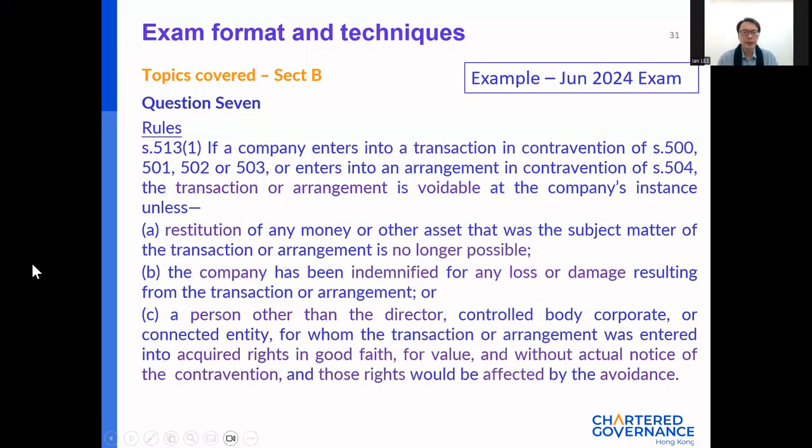And then under section 513, if a company enters into a transaction in contravention of section 500, the transaction is voidable at the company's instance. Since you should not have entered into the transaction because you did not get the approval, or it's not less than 5%, the company can choose not to go ahead with that transaction. It's voidable.